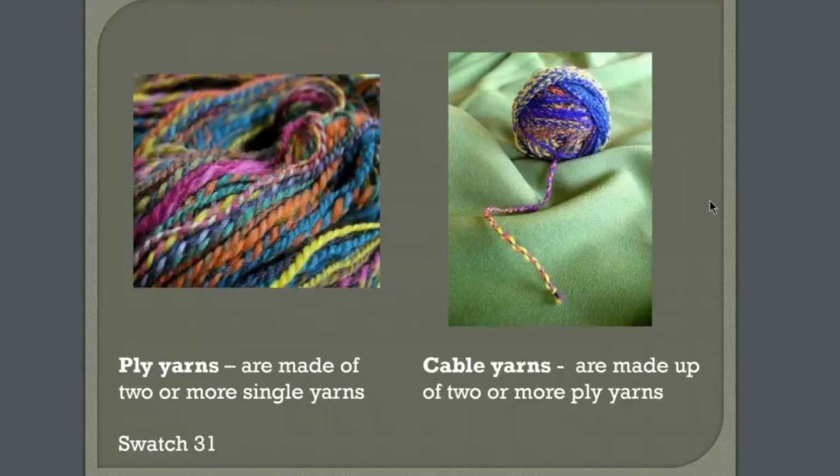Swatch 31 in your book is an example of a 2-ply spun yarn. So try to grab from the bottom or the top and grab some yarn. That's what I'm doing. I'm going through these very carefully because this will help you do your activity.